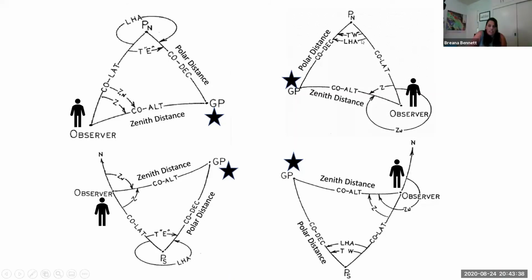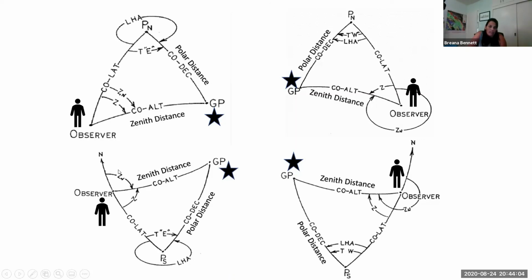Got it. So that LHA from us to the North Pole tells us whether the star is to the east or to the west of us. Okay, that's why we do that little rule there. And if you're in the South Pole, it's 180 plus or minus, because the north is our reference point.